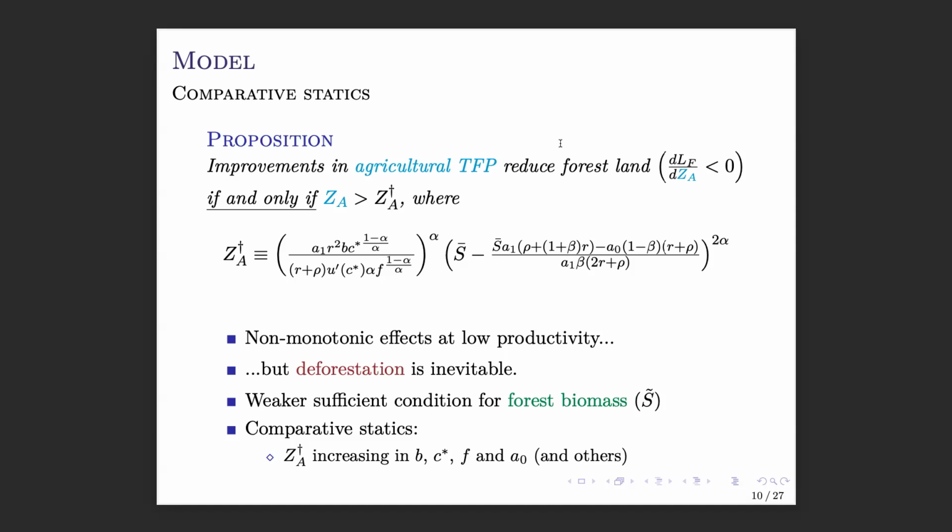And basically, that has to come through a reduction in biomass. That reduction in biomass is going to increase the price of the non-agricultural output, not the forest good. I think that was what I've been calling it.